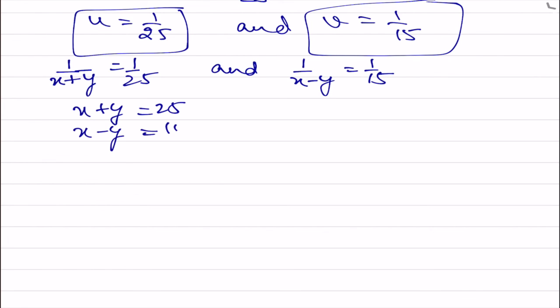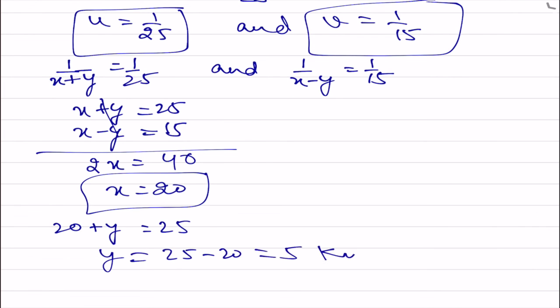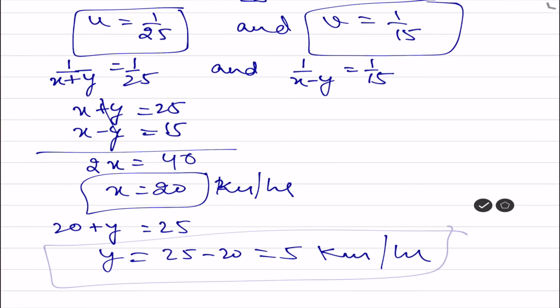So cross multiply, again we will get two equations, and both the equations we will again solve simultaneously. After solving it simultaneously, we will get the value of x as 20 km per hour and the value of y as 5 km per hour. So in this way we can see the speed of the stream is 5 km per hour and the speed of the boat is 20 km per hour.